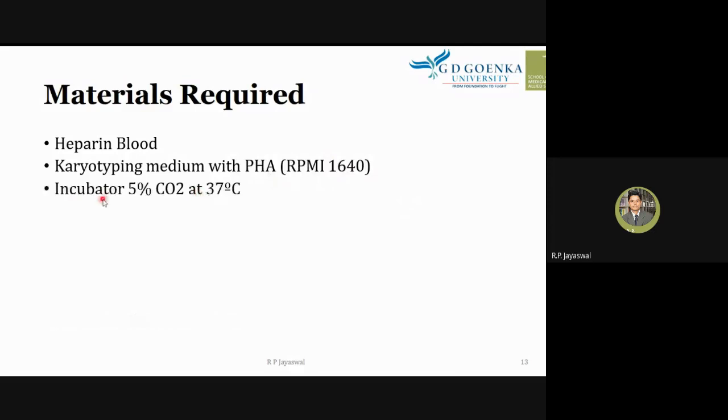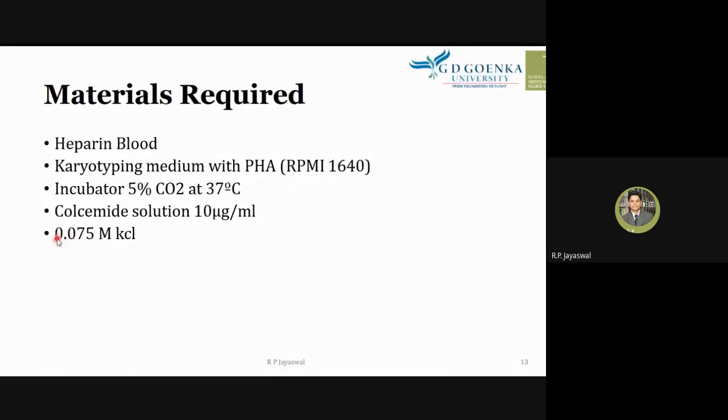Now we need an incubator with 5% carbon dioxide supply, with the temperature maintained at 37 degrees Celsius. And we need a colcemid solution at 10 microgram per ml, and we require potassium chloride hypotonic solution, with a concentration of 0.05 molar.